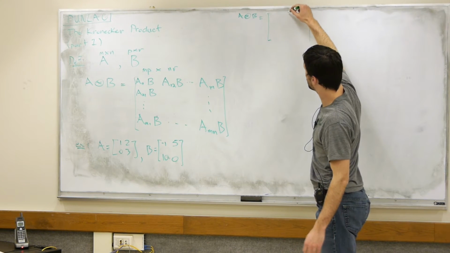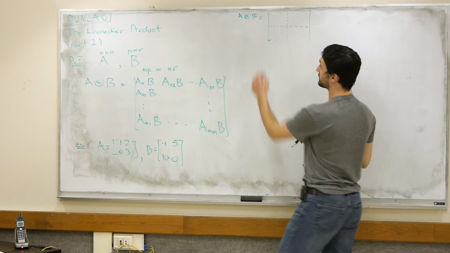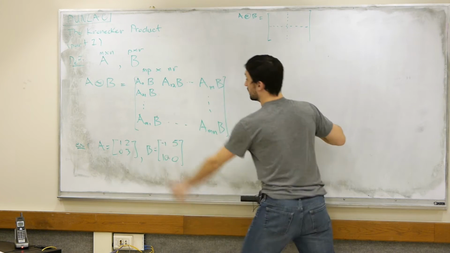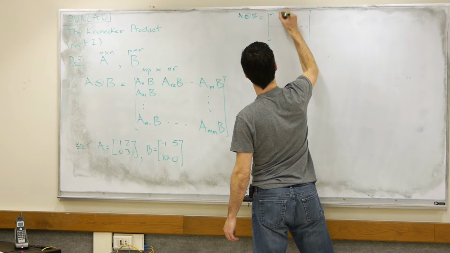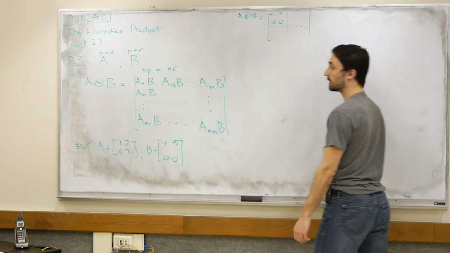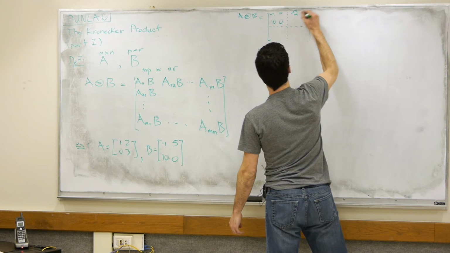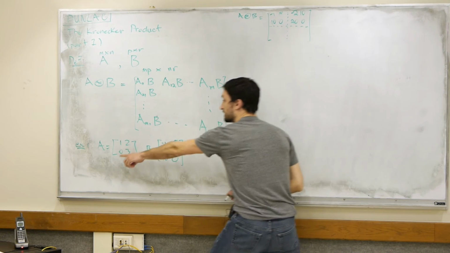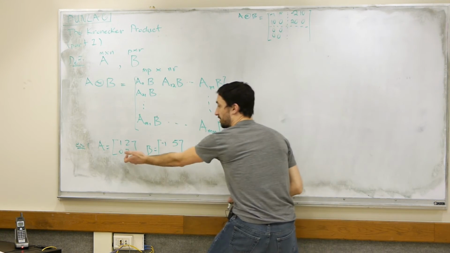The first partition is simply the matrix B times the upper left entry of A. So 1 times B gives us just the matrix B. Upper right block, 2 times B gives us this, and then 0 times B gives us a block of zeros, and finally 3 times B.